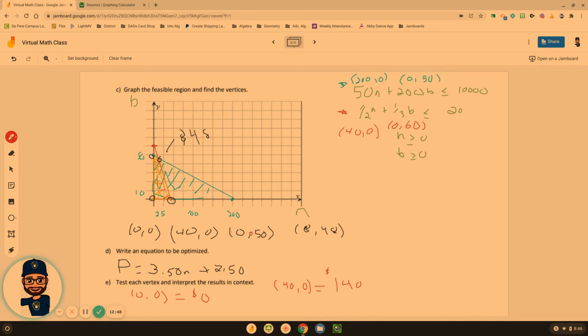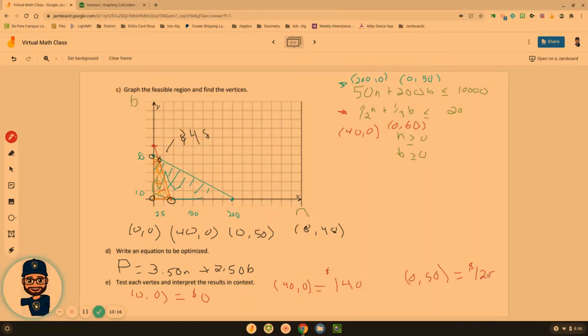Let's try 0, 50. 0 necklaces and 50 bracelets. Oh, sorry, I forgot my b in that profit equation. There should be a b right here. Sorry about that. So 0 necklaces, 50 bracelets, or 50 times $250 is $125.